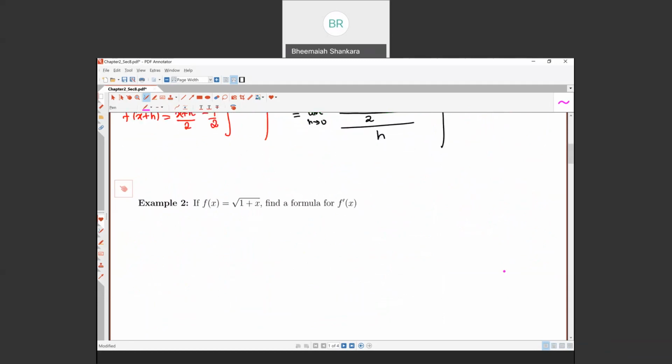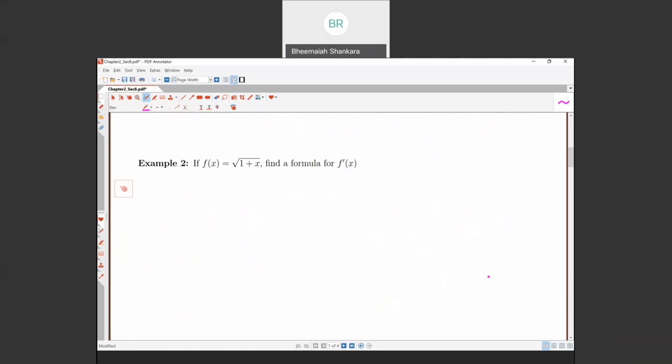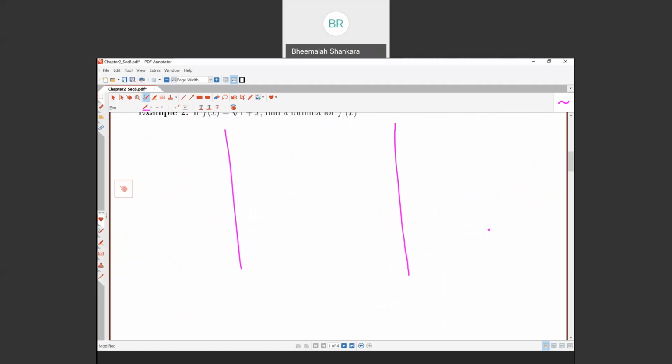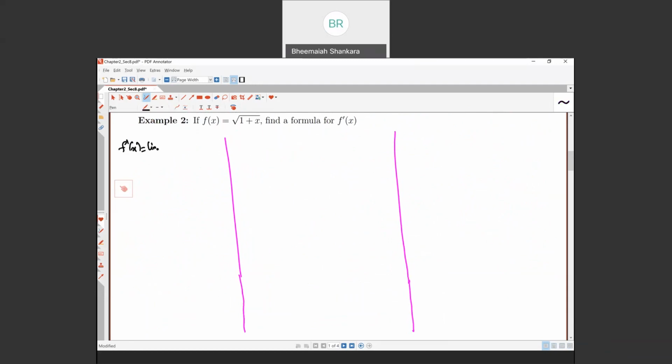In the next problem, you're given a square root function and you're asked to find f prime. So first write the definition of f prime, which is the limit as h approaches 0 of f of x plus h minus the function f of x, divided by h.